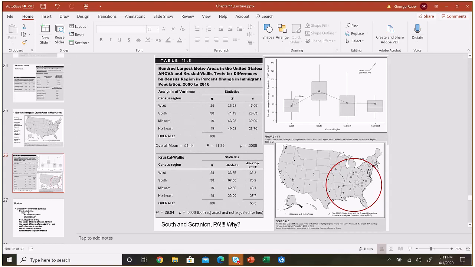It's a Rust Belt city, so what's making it different than some of these other areas? Anyway, that's one of the things that's nice about coupling these analyses with an actual map and coming up with a reason, or describing why that might be.